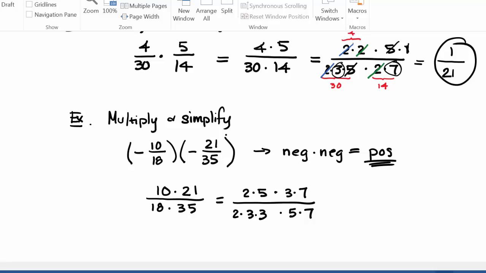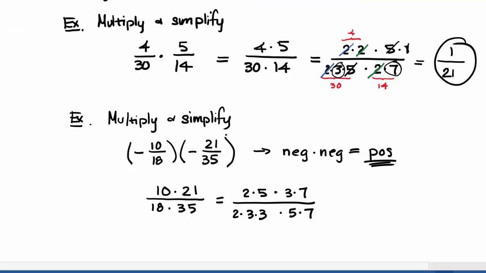I have the 2's, and then I have the 5's. And then I have my 3. One 3 cancels, and there's another 3 in the bottom. And then the last one, I can cancel out my 7's. Again, I don't see anything in the numerator, so you assume it's going to be a 1, because that doesn't change the value. So I have just 1 over 3. And it's positive, okay?